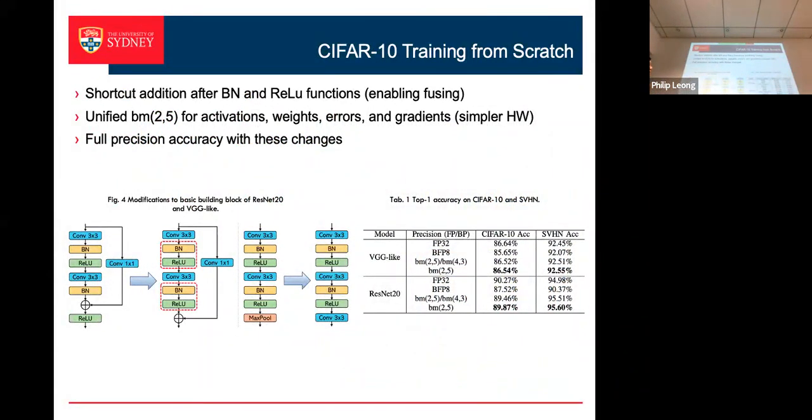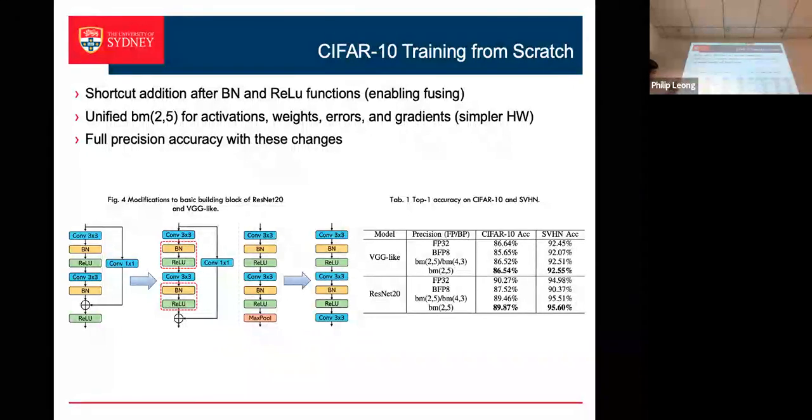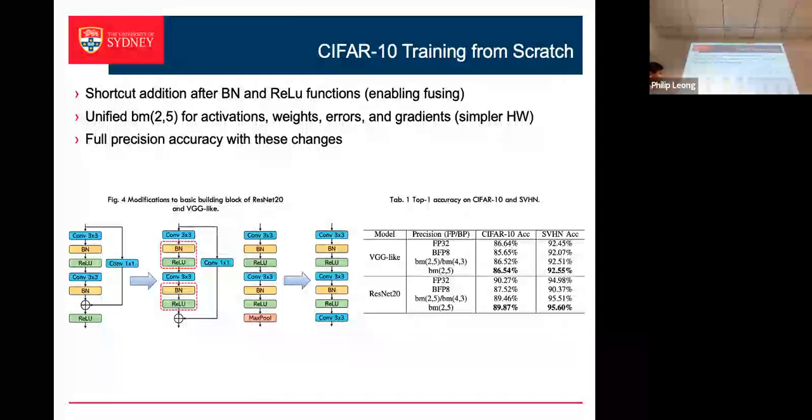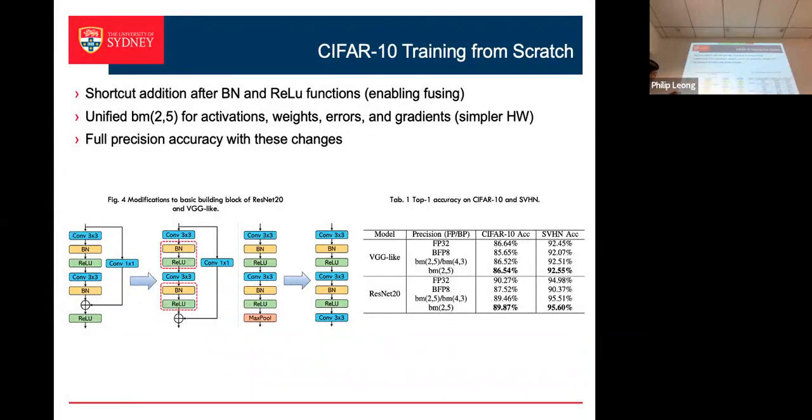We trained CIFAR-10 from scratch using this design, and this was ResNet 20. We made one small change to ResNet 20, which looks like this: there's a convolution, batch norm, ReLU, another 3x3 convolution, batch norm, and then we have this addition and a ReLU here. What we changed is that we took this ReLU and moved it back into this block so that we can fuse these together.